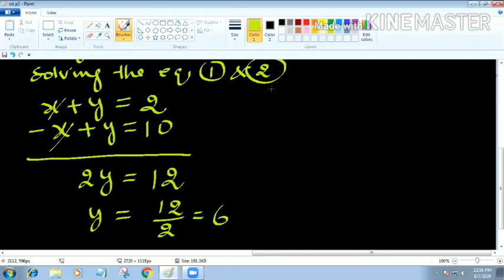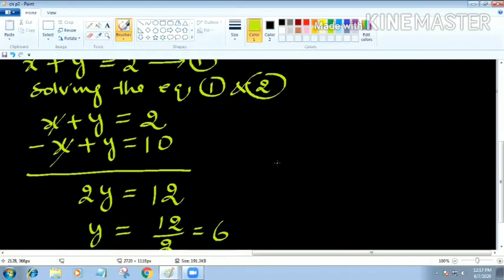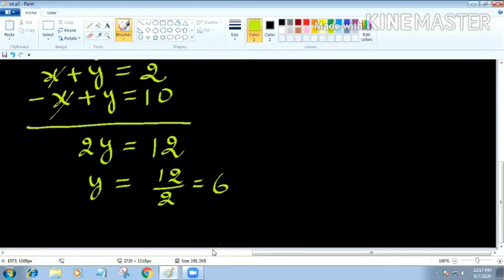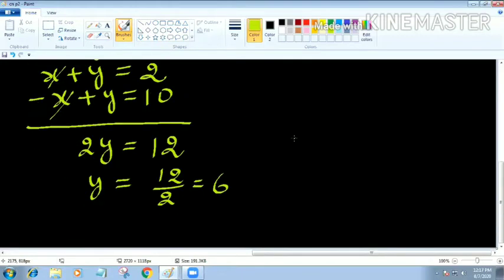y value is 6, and substituting the y value in the first equation.